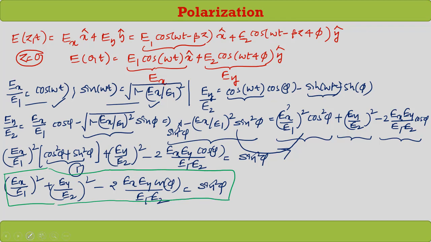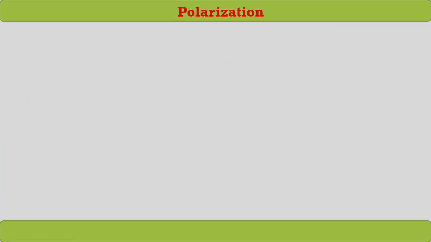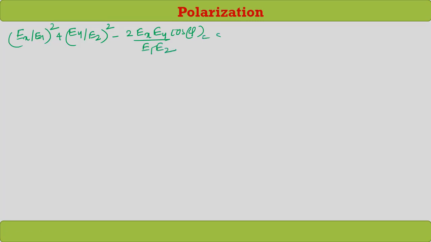Okay, so again I am writing that same equation: Ex by E1 square plus Ey by E2 square minus 2 Ex Ey cos phi by E1 E2 is equal to sin square phi.